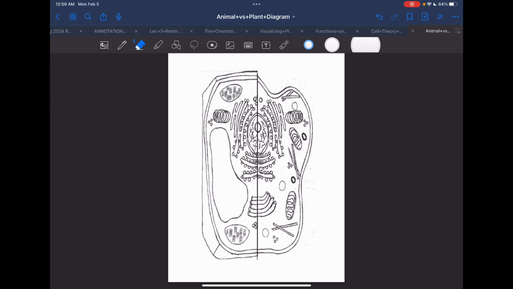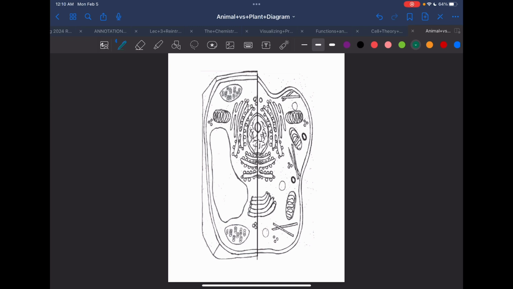So if you watched the previous video, we talked about prokaryotic cells, which are just very simple bacteria. Now we're going to talk about eukaryotic cells, and we're actually going to differentiate between a plant and an animal cell. So what you see in front of you right now, the left side, I'm actually going to label it for you.